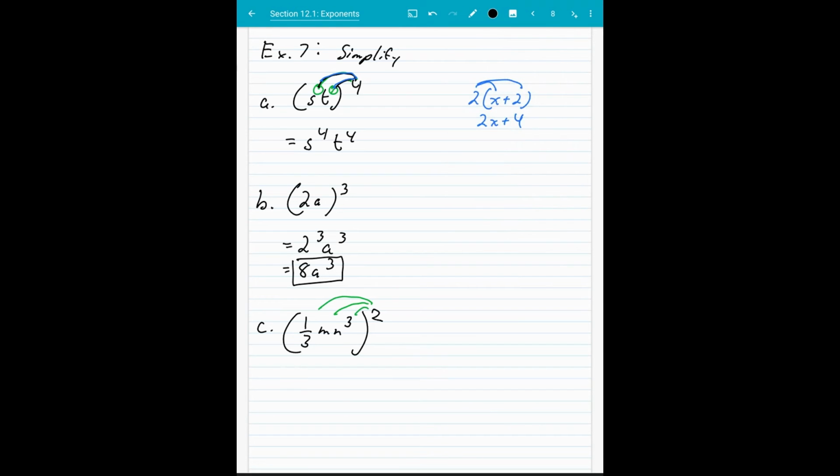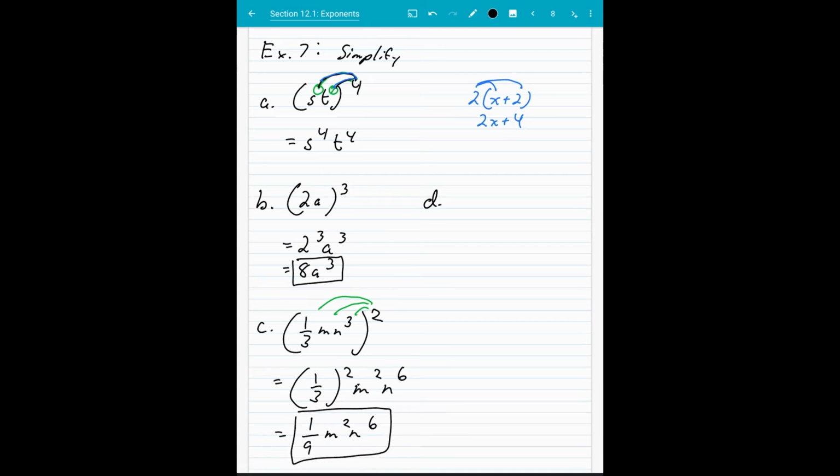So this happens to become 1/3 to the 2nd power, m to the 2nd power, and n to the 6th power, because remember we have to multiply those two numbers. That's the property we just learned. 1/3 times 1/3 makes 1/9. And this becomes your answer. And the fraction one's a little tricky, but some of the problems will have fractions. A lot of them won't have them, but it's still the idea of distributing the exponent.